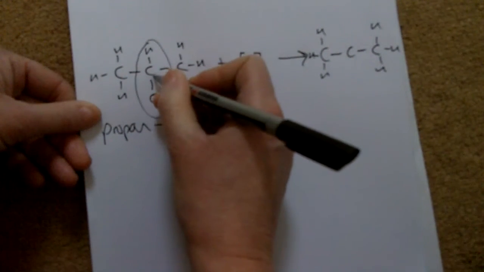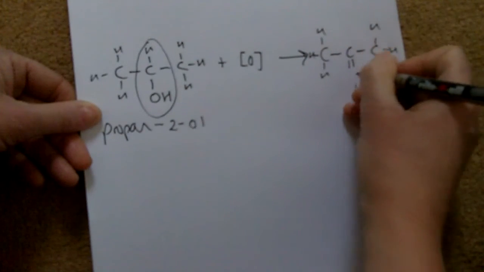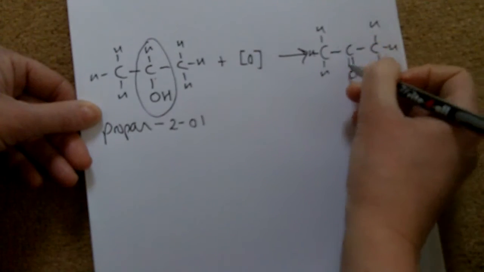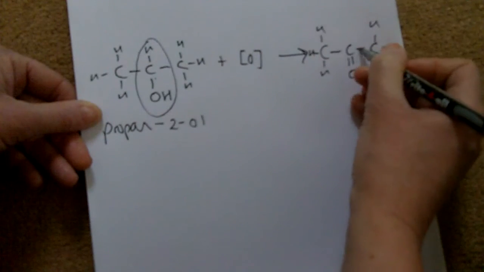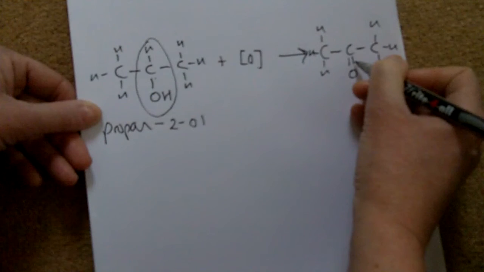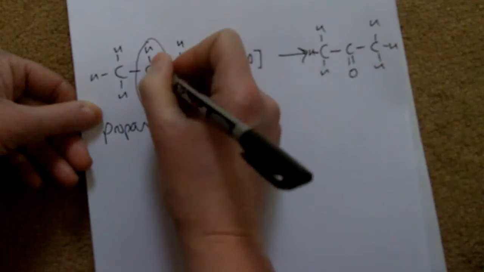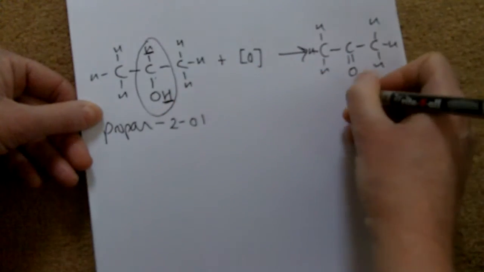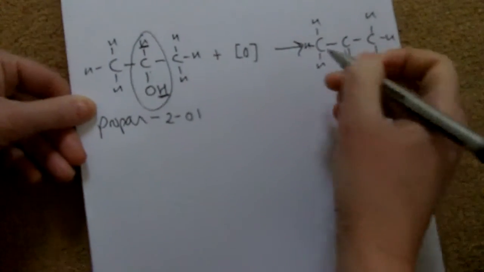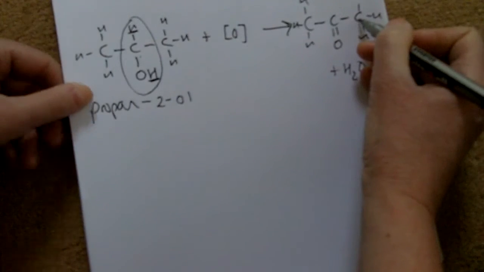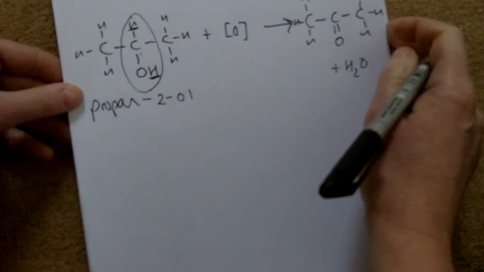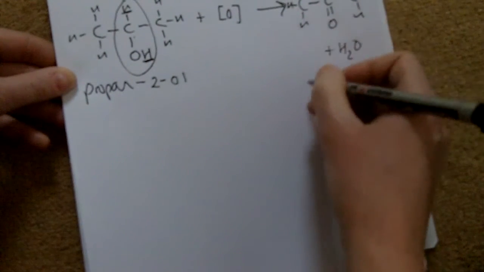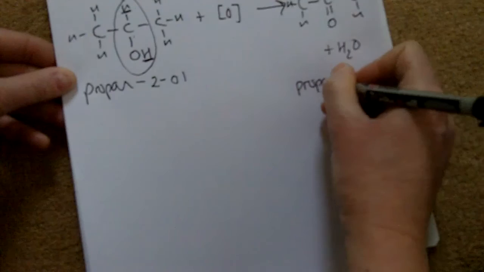So just the same, we form a double bond O. But can you see how many bonds carbon has got? 1, 2, 3, 4. It can't have any more hydrogens. So this hydrogen and O becomes water. Now this functional group, the part of the molecule that is responsible for the chemical reactions, is called a ketone, and this is called propanone.